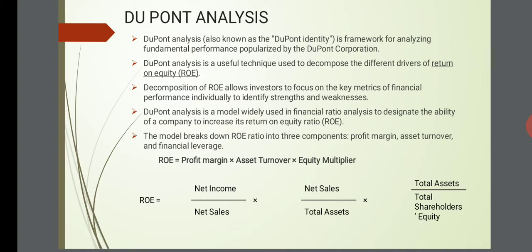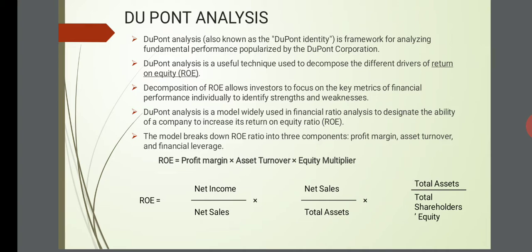Second thing is asset turnover. Asset turnover says how much sales have you made out of 1 rupees total asset. So it points towards the proper utilization of assets. If you make more sales out of less assets, that will be more beneficial for you, and that will lead to more return on equity.